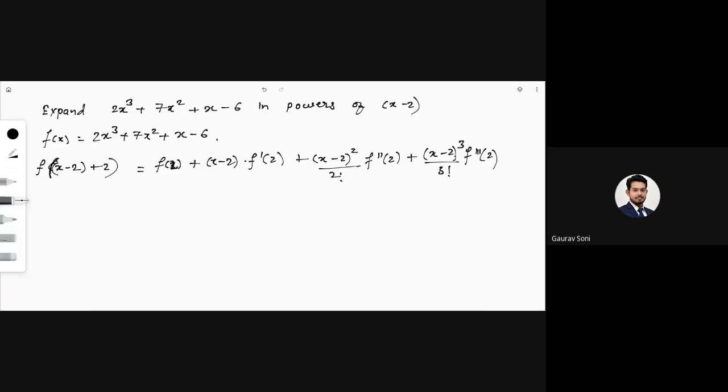Should I go ahead up to infinity? No, sir. No, because third derivative will become constant and fourth will become 0. So I should stop here.